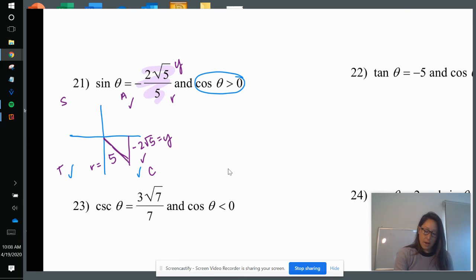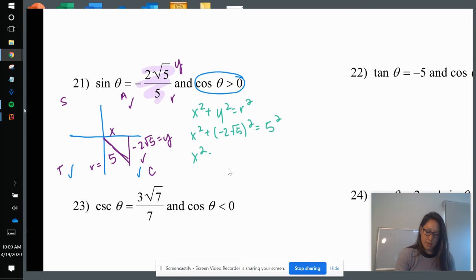Now, how do I find the x value? We're going to use the Pythagorean theorem. x squared plus y squared is equal to r squared. So x squared plus negative 2 root 5 squared is equal to 5 squared.